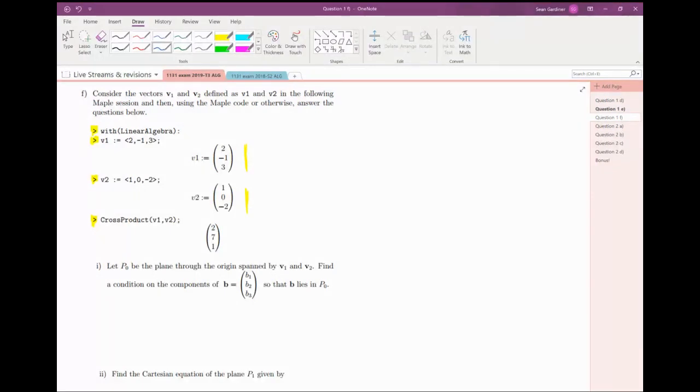So the first thing I would do before I even start considering answering the other parts of the question would be to just write up what I know from the Maple output. What do we know? Well, exactly what's written in that last line, we know that v1 cross v2 is this vector here, 271.